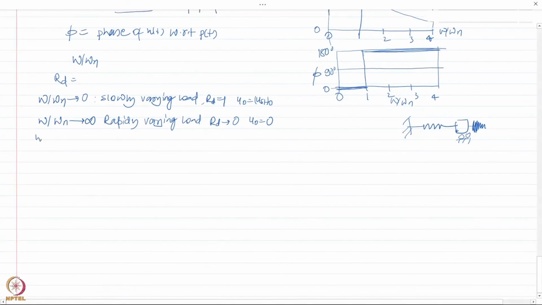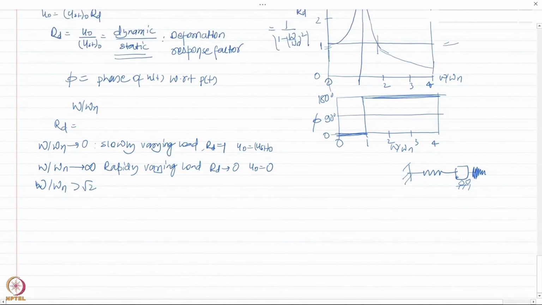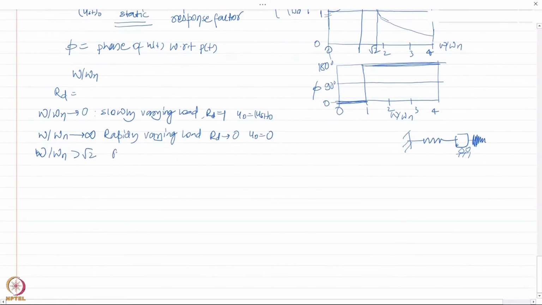Now the third case, omega by omega n. So these were the two extreme cases. If it is greater than or equal to root 2, which corresponds to, let us say, this point here, root 2, then my RD starts to become smaller than 1.